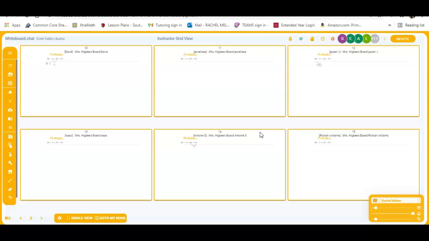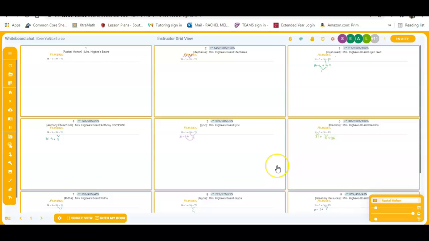I see Jalen and Isaac and Antoine and Rakaya. Awesome, I see everybody. I'm going to give you 4 minutes and then we will discuss this. I should see everyone attempting to do this. If you're not attempting, that's negative Class Dojo points.